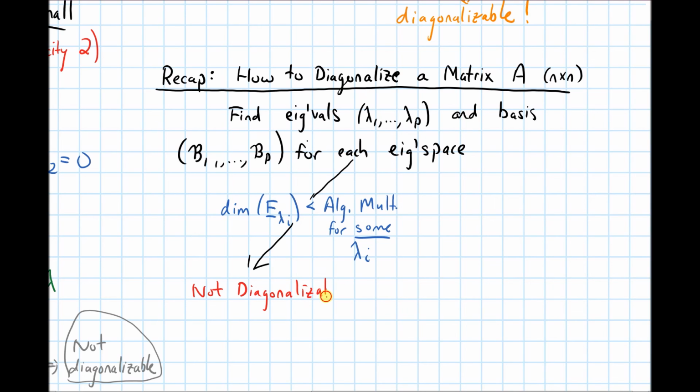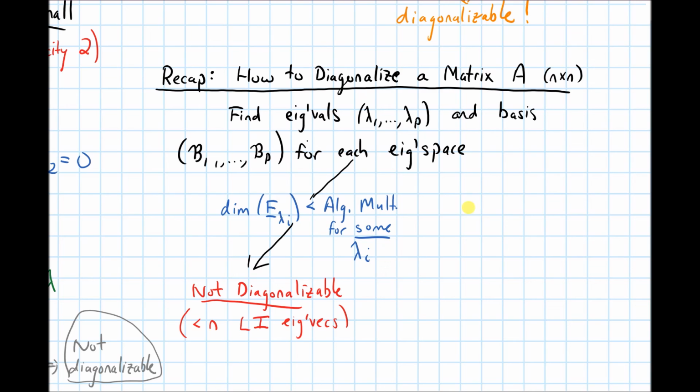There's even one eigenvalue whose corresponding eigenspace has a dimension that's less than its algebraic multiplicity. It's not going to be diagonalizable, because in this scenario we would have less than n linearly independent eigenvectors. And we need n linearly independent eigenvectors for a matrix to be diagonalizable.